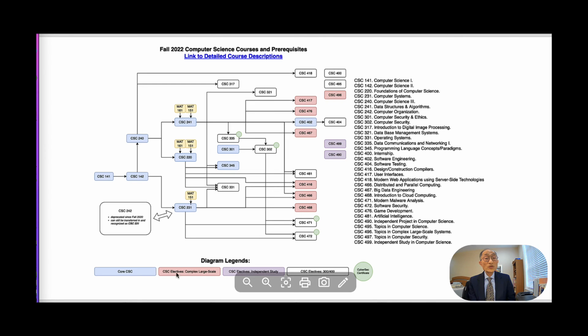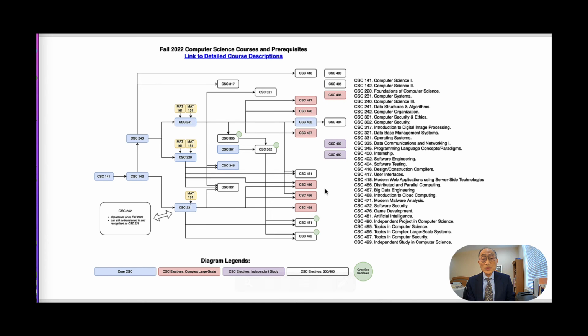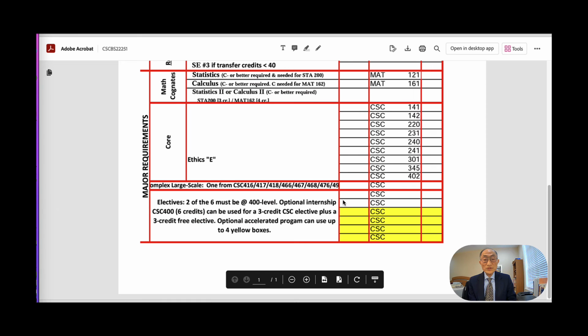You can refer to our flowchart posted on our department website. Here on this chart, you have pink courses that are highlighted with pink color. 417, 476, 467, 416, and so on. You need one of them. So this list is not exhaustive.